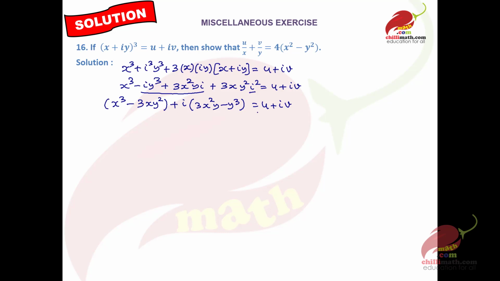Now two complex numbers are equal if their corresponding parts are equal, that is real part of first is equal to real part of second and imaginary part of first is equal to imaginary part of second.